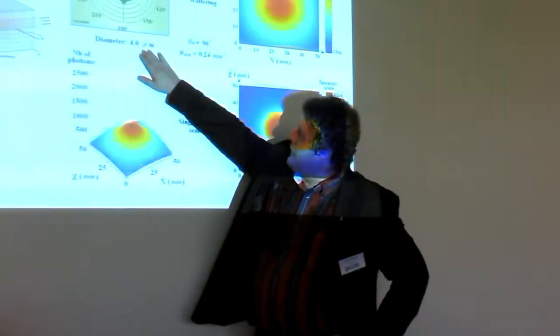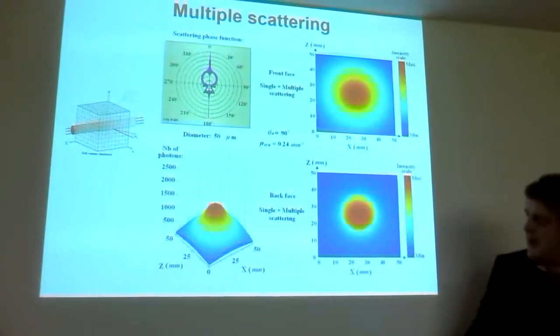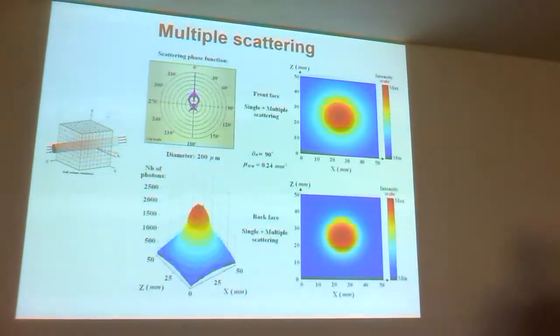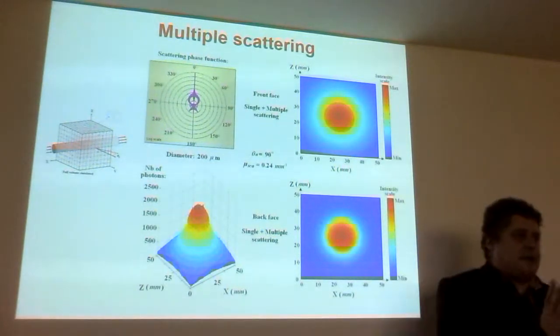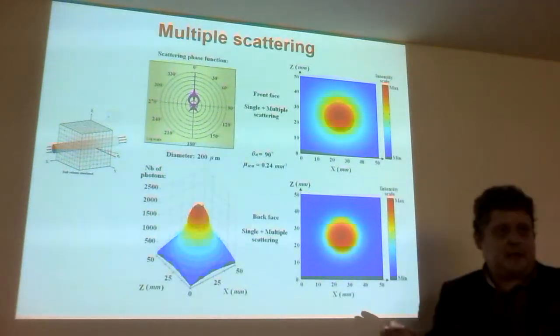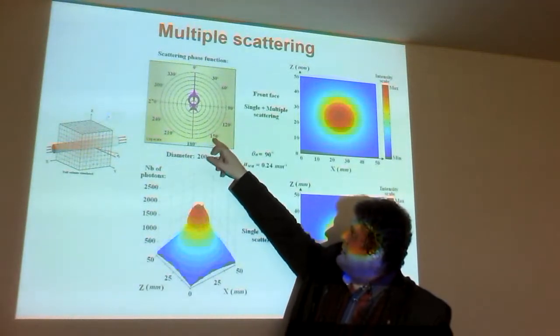Okay, so now if you can see, if we change the size of the particle, the scattering phase function is changed, and we can see how it influences the propagation of light for multiple scattering. Remember, for single scattering, we have a certain distribution based on the scattering phase function.